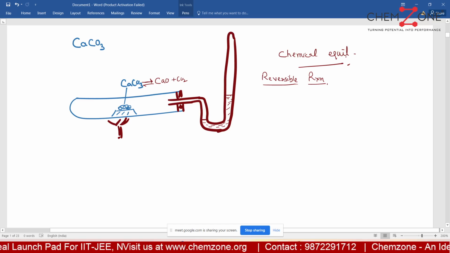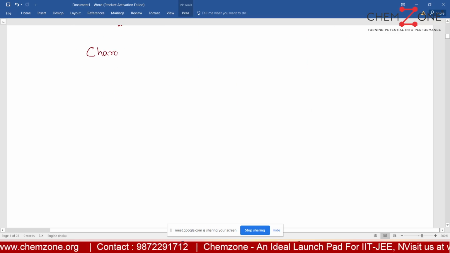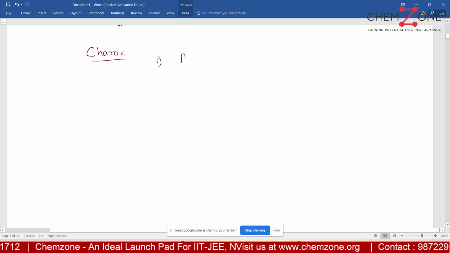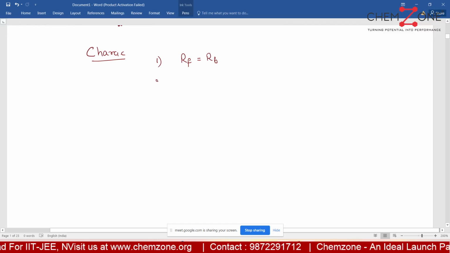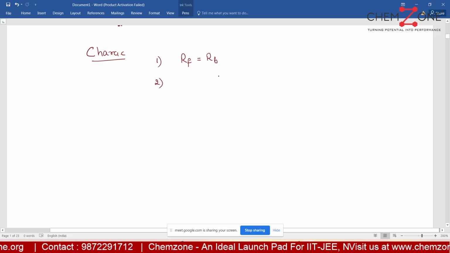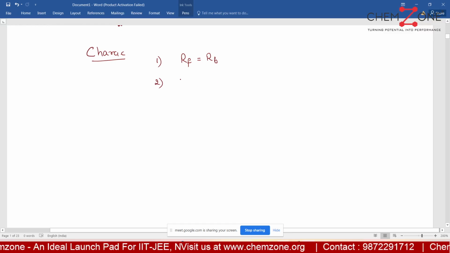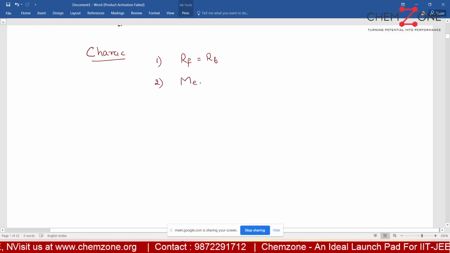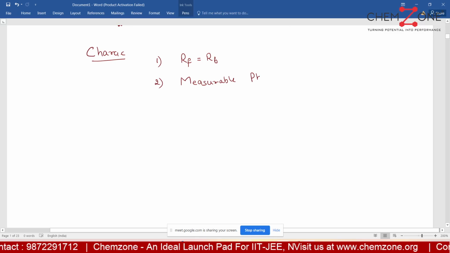Right. So write down characteristics of equilibrium. Number one, rate of forward process is equal to rate of backward process. Number two, all the physical properties which can be measured become constant.